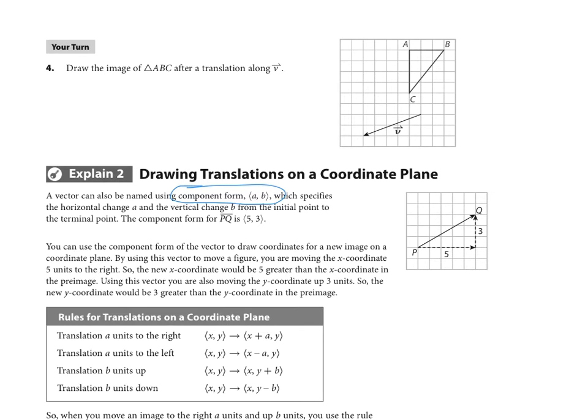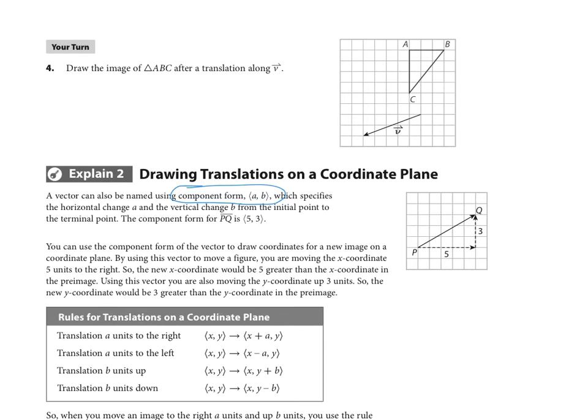They're almost like angled brackets, if you will. When you see those, you know you're talking about a vector, and A and B are the number of coordinates that you would go: positive is to the right on A or to the left, and positive up or down on B. So just keep that in mind.